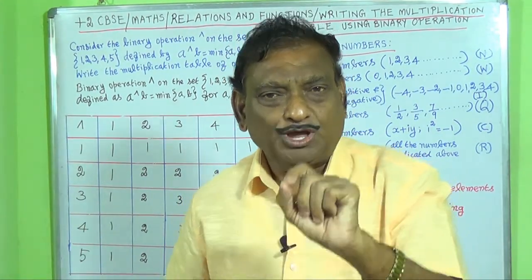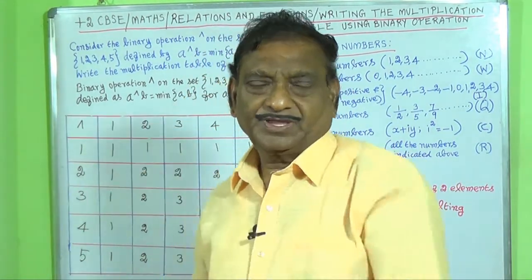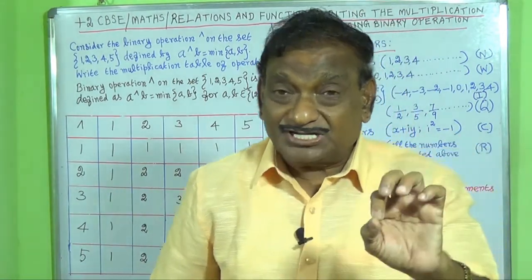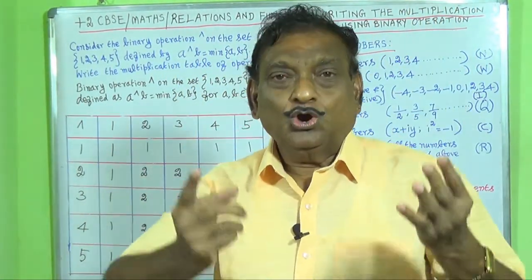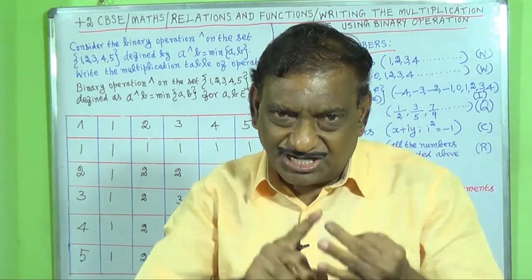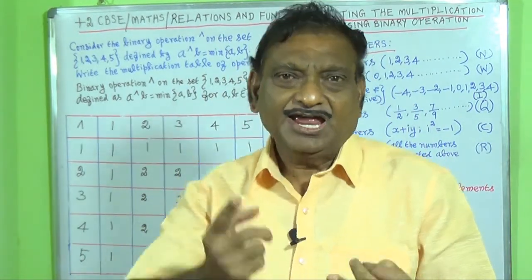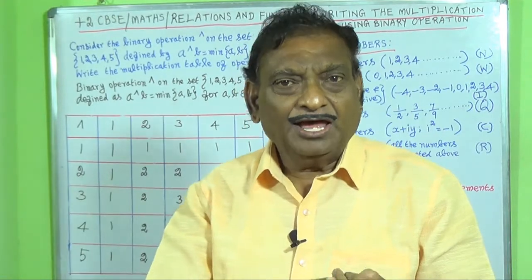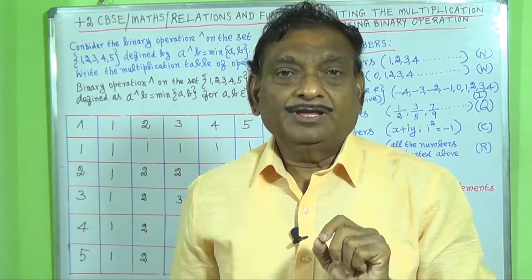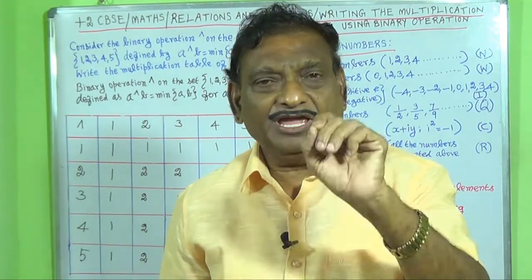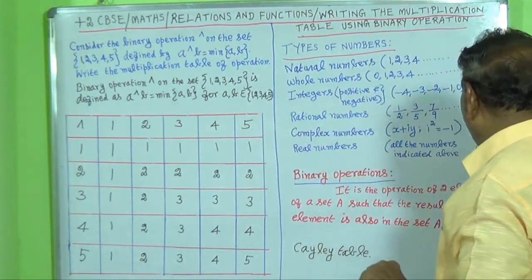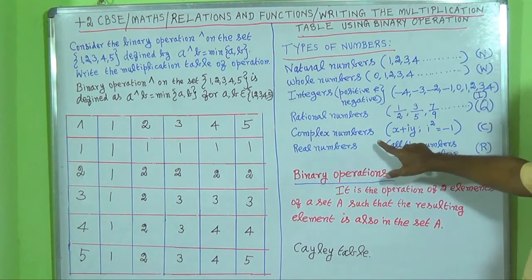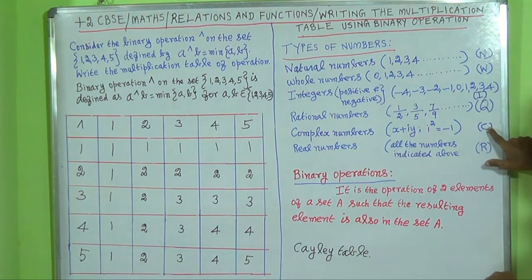That is i square equal to minus 1. Then real numbers. Real numbers include natural numbers, whole numbers, integers, that is positive integers and negative integers, rational numbers. The real numbers are denoted by the letter capital R. Complex numbers are denoted by the letter capital C.